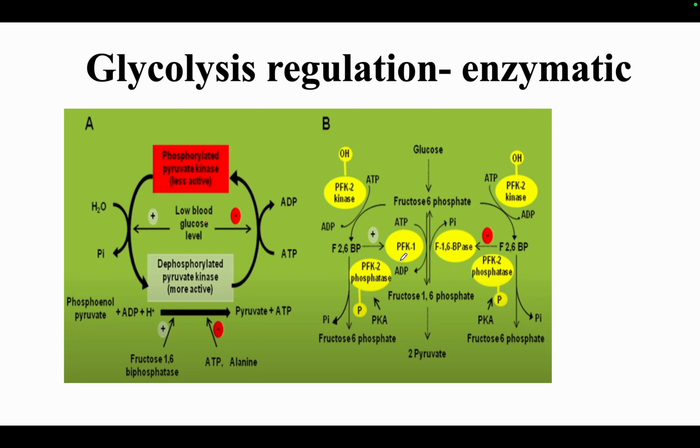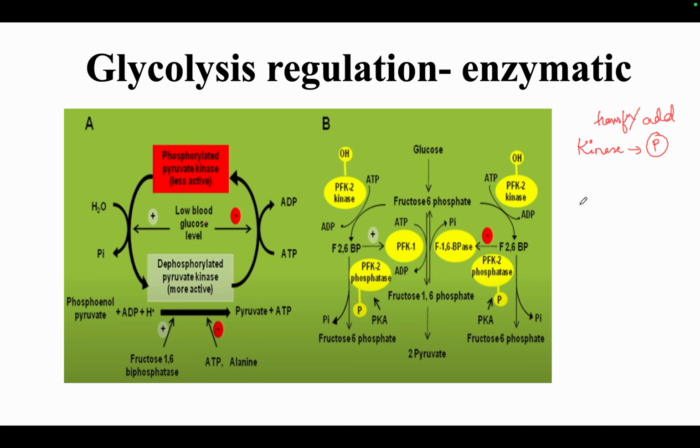So we have two enzymes. We have a kinase enzyme, which is a part of glycolysis, and it is adding the phosphate group. The kinase enzyme adds or transfers phosphate groups.